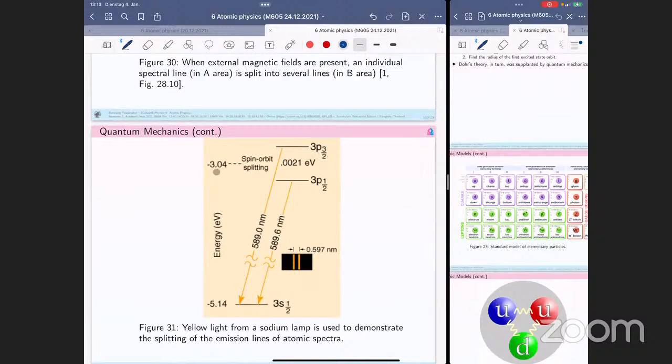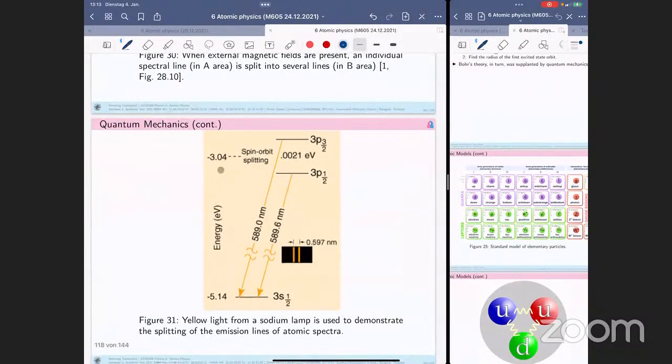This might correspond to minus 3.04 in eV. The difference between these two levels is 0.0021 electron volt.